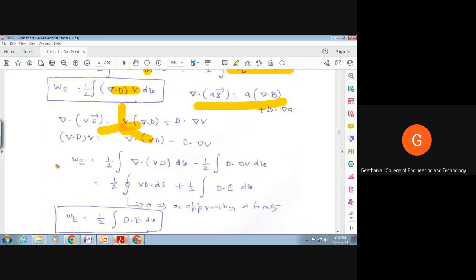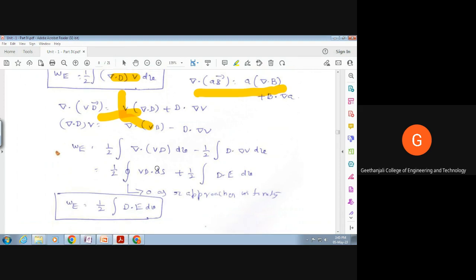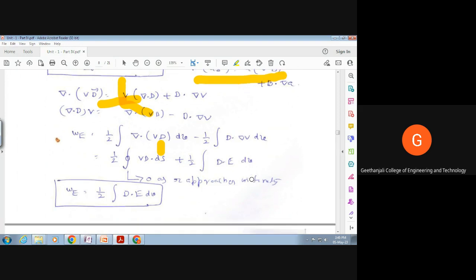Now when you apply this divergence theorem, integral divergence of VD dv, you write this as a closed surface integral, closed integral VD dot dS. Okay, minus of grad V is equal to E. So plus 1 by 2 D dot E dv.